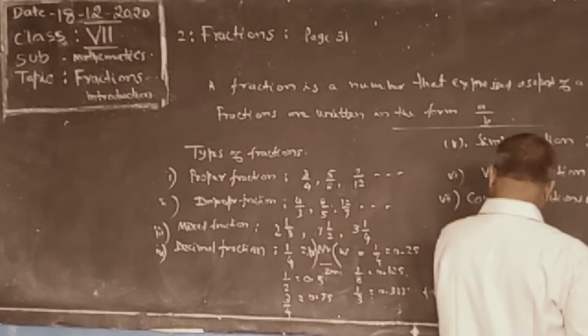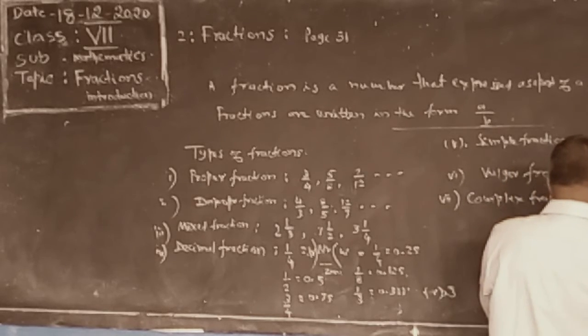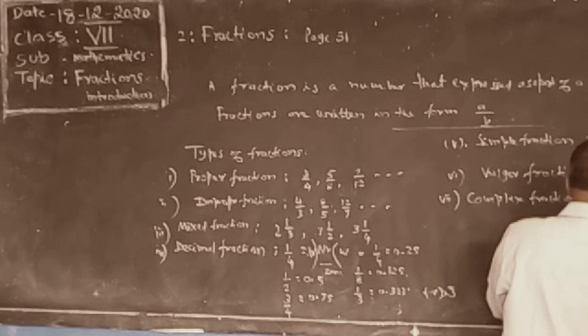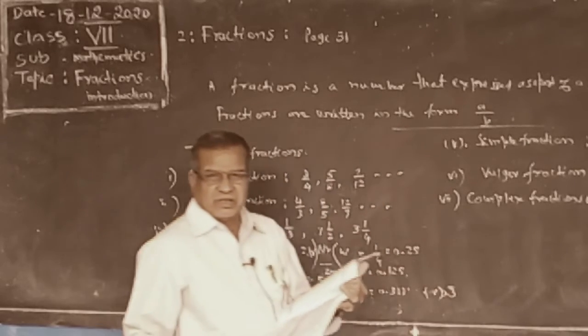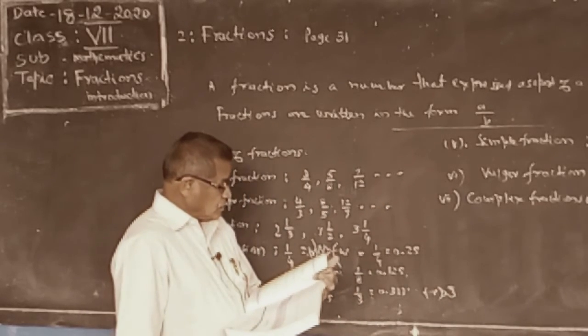Here 7 by 4, 1 by 3, like this. All different fractions, so they are called complex.